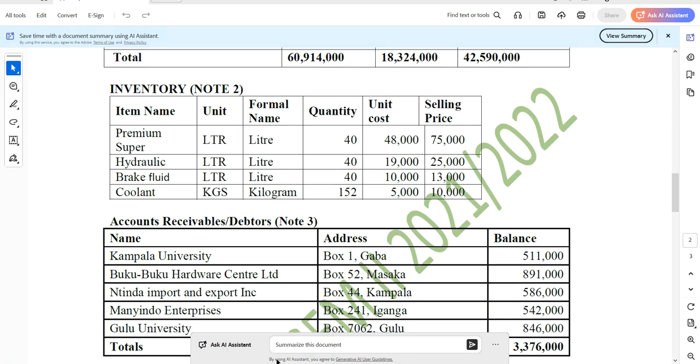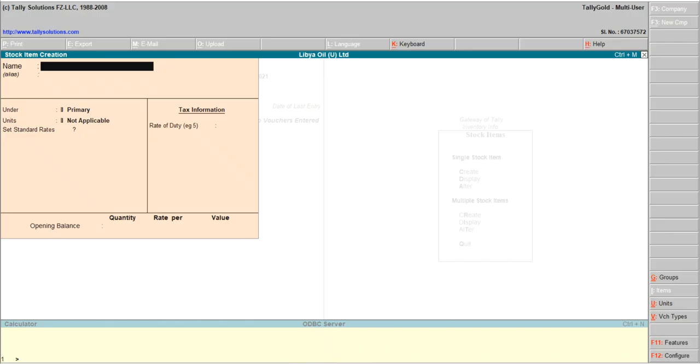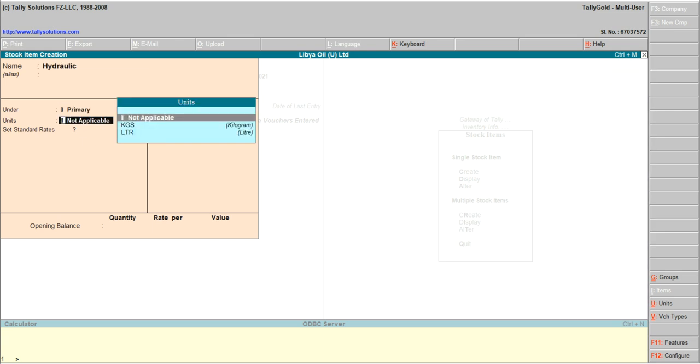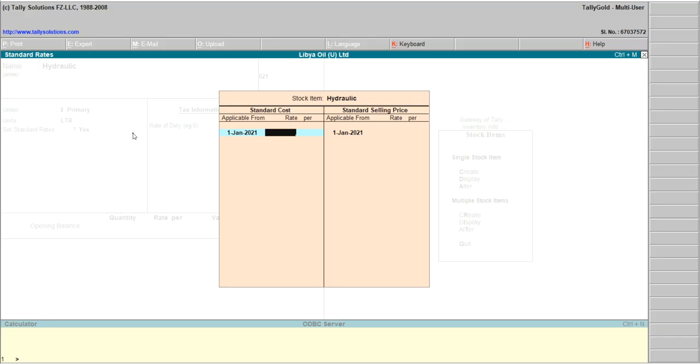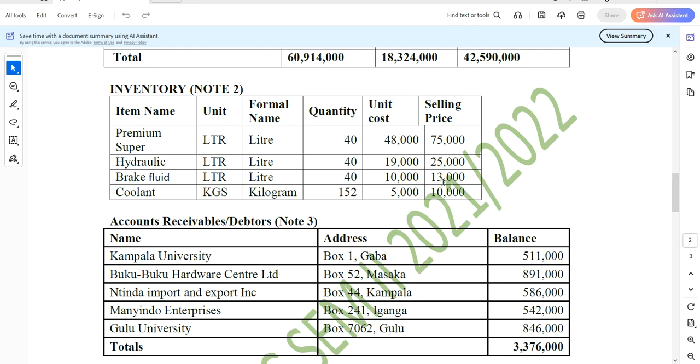Next item is hydraulic. Units, these are liters. Set standard rates, yes. What's the cost for hydraulic? That is 19,000.